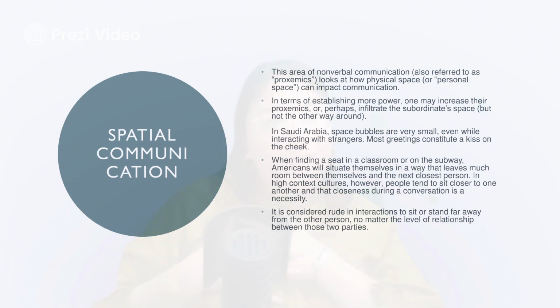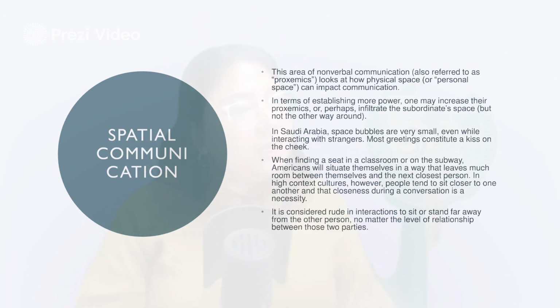We look at the example in Saudi Arabia. Space bubbles are very small because when they see people, even strangers, the greeting constitutes a kiss on the cheek. So the personal space, the physical space, is very close, all right. The proximity is that close.